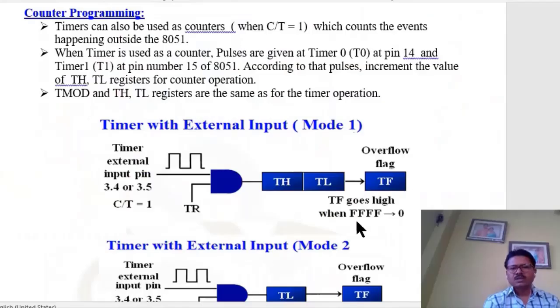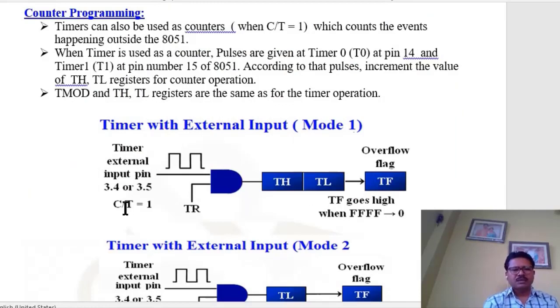When one bottle comes, one signal is here, so it will be counted as 1. When the next bottle comes, another signal is here, and it will be incremented by 1. Like this, it will count the total number of bottles giving the signal at pin P3.5. So for counter operation, we may use P3.4 if we are using timer 0, and P3.5 when we are using timer 1. So this is the basic function.